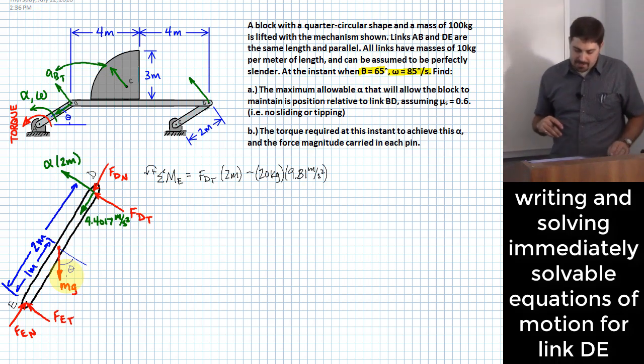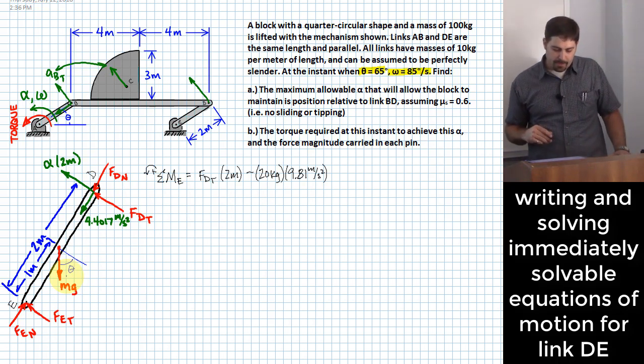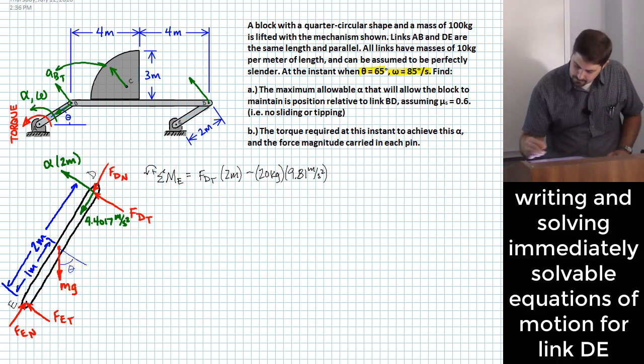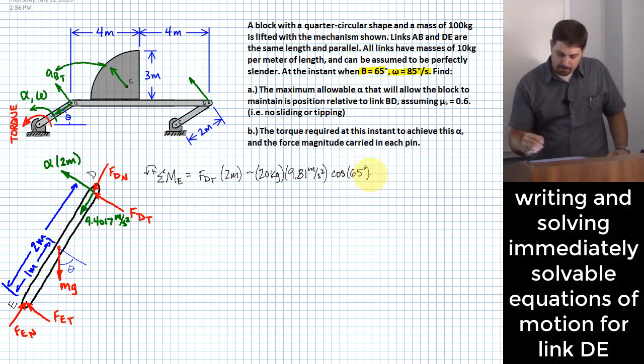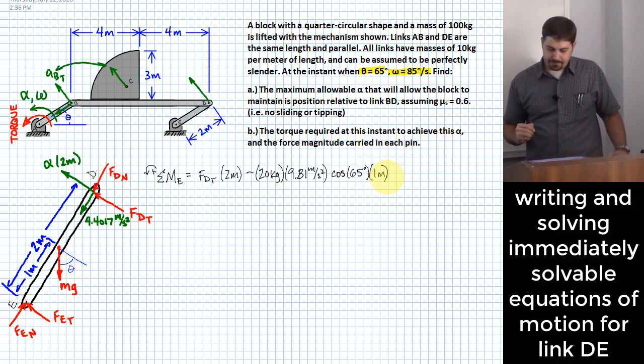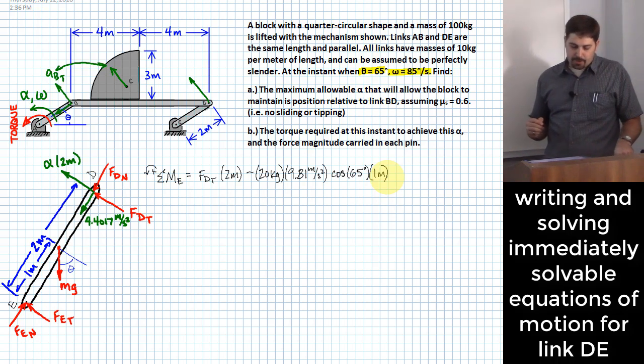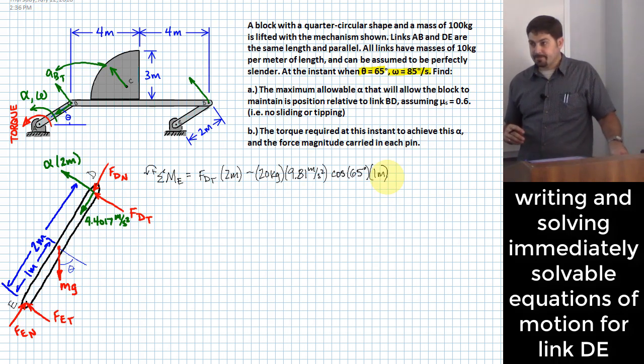So if I take mg times the cosine of theta and multiply it by 1 meter, that is going to give me the moment created by the weight.